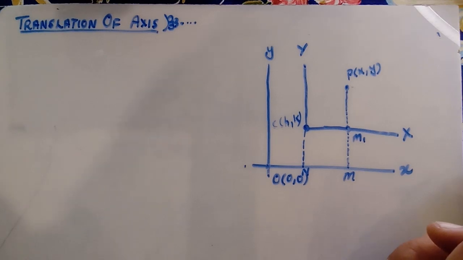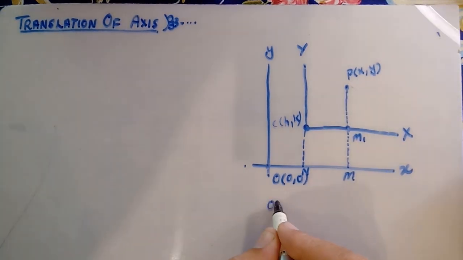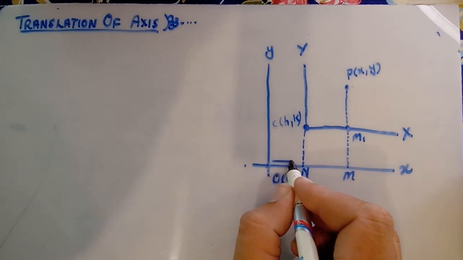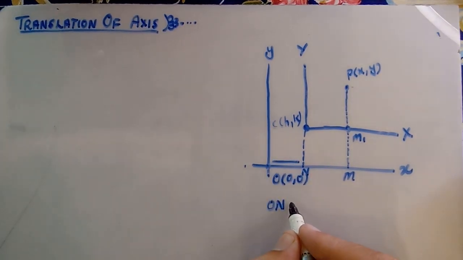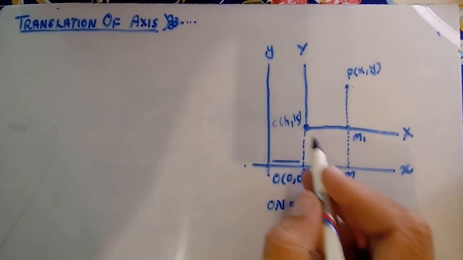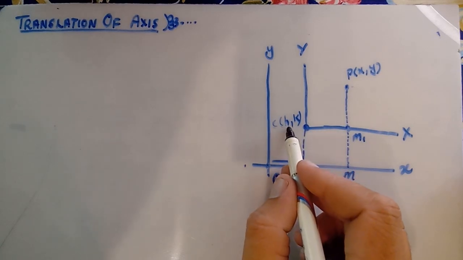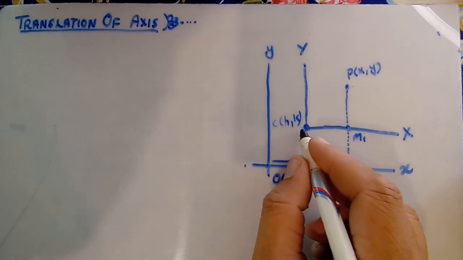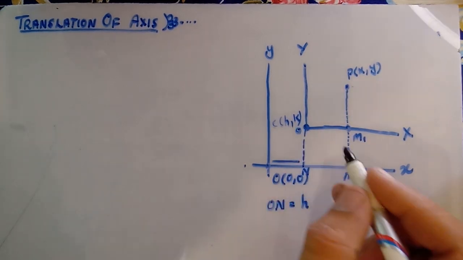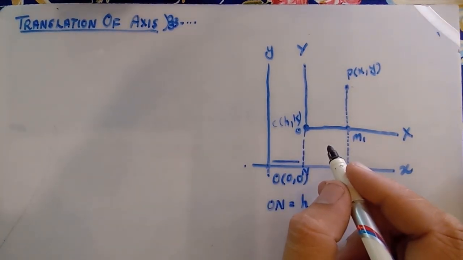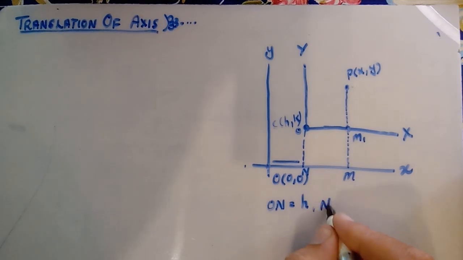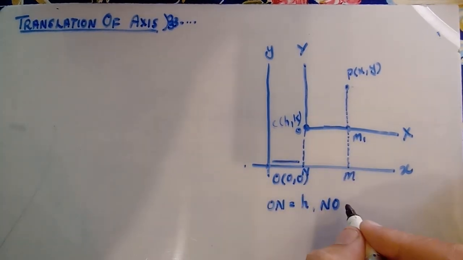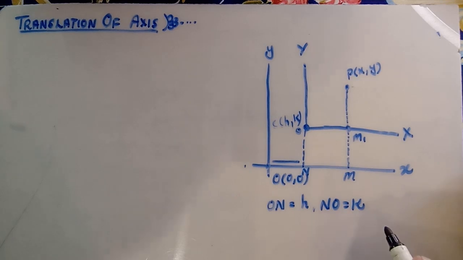Now we can see here that ON, from O to N, this distance will be equal to h, because h is the new center, which is h away from the old center. And NO' will be equal to k.